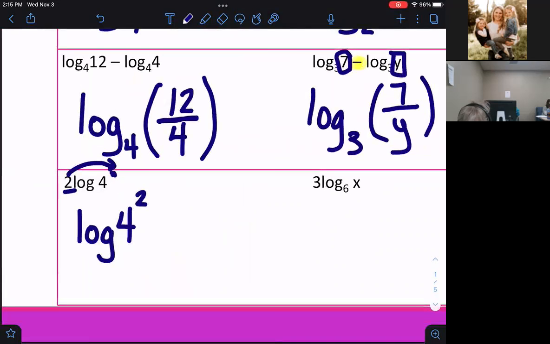So try the one over here on the right hand side, 3 log base 6 of x.